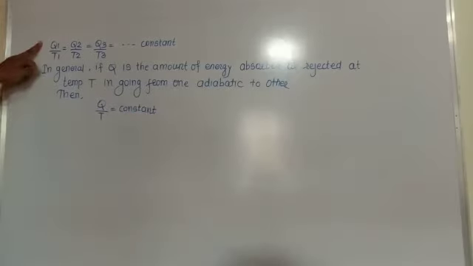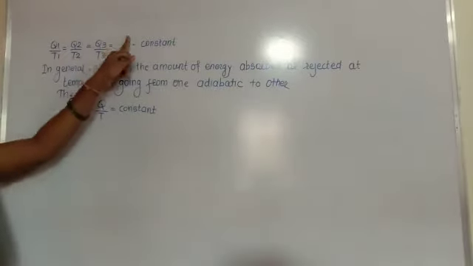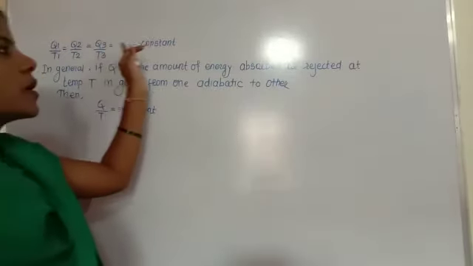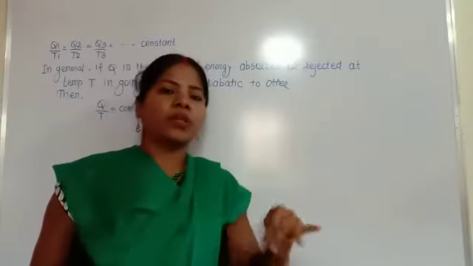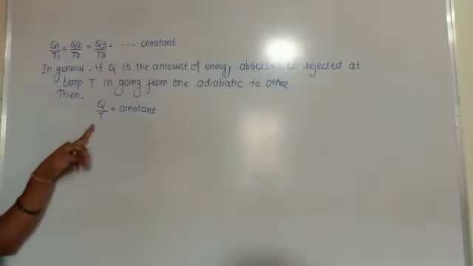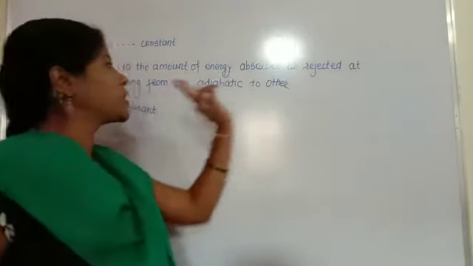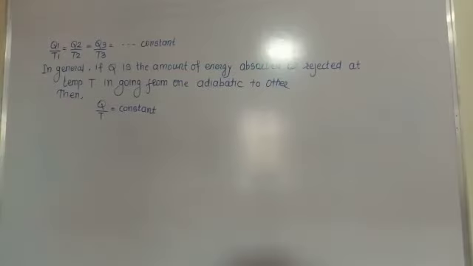Here Q1 by T1, Q2 by T2, Q3 by T3, Q4 by T4, then again Q5 by T5, up to n terms. So in general we can write Q by T is equal to constant, where Q is the amount of energy absorbed or rejected at temperature T in going from one adiabatic to the other.